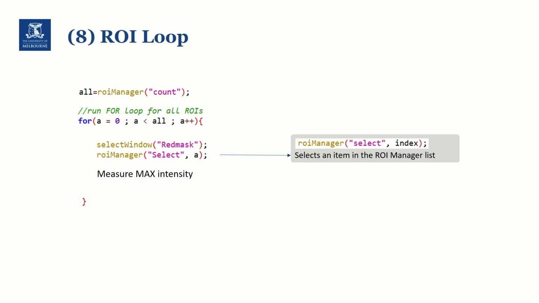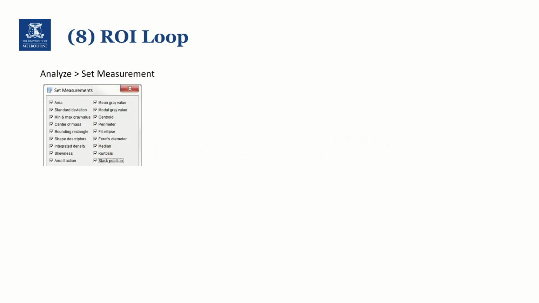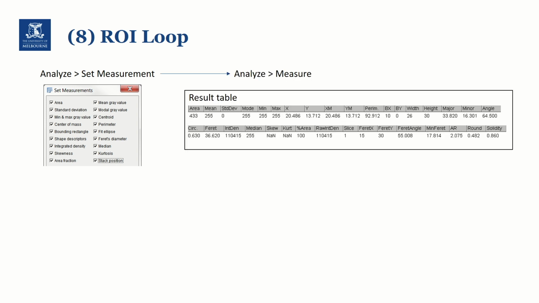So let's find out how to grab the measurement. So far, if we wanted to get some measurements from ImageJ, we first set the measurements via Analyze, Set Measurements, and then get the result from the Results table via Analyze, Measure.